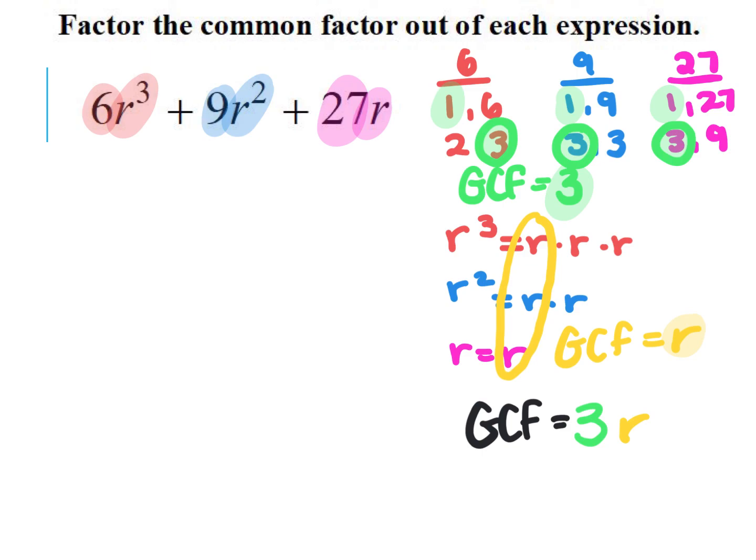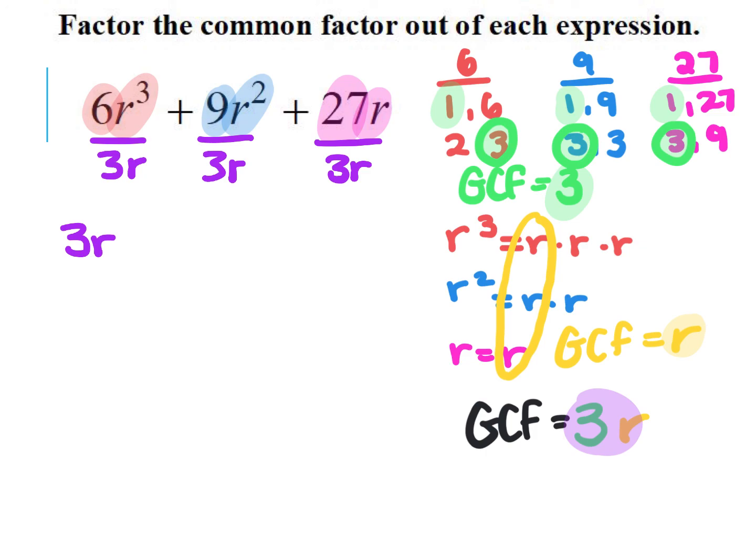So now I can take this greatest common factor and divide the original expression by it. So I can divide everything by 3r and put the 3r in front to factor it out.